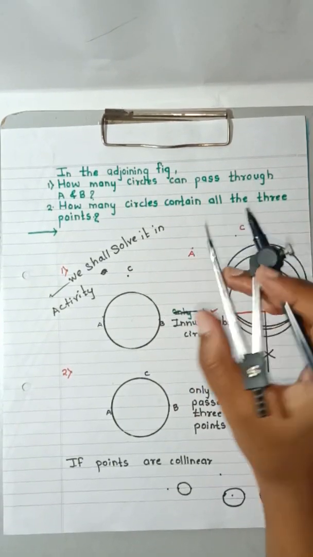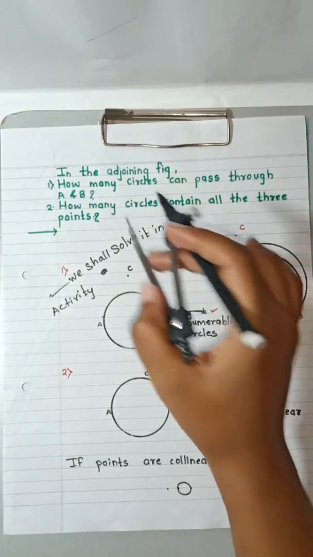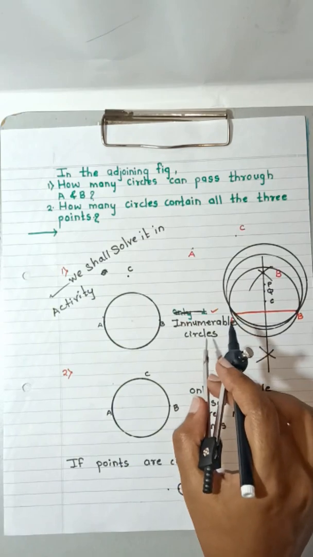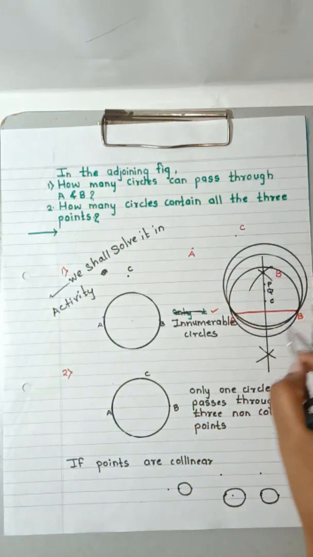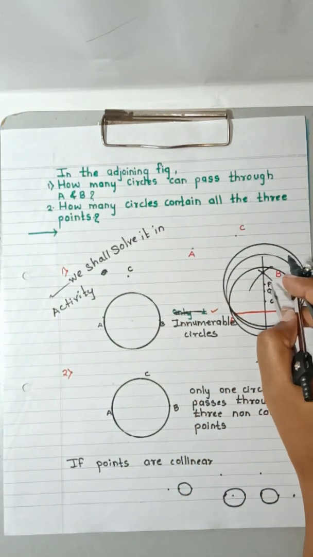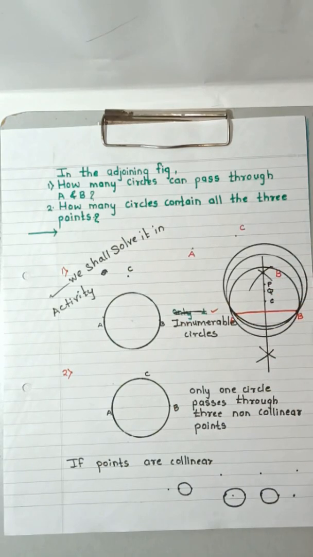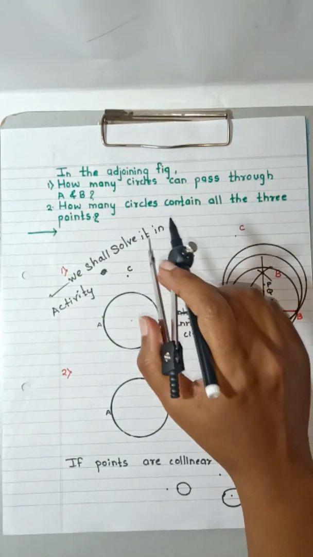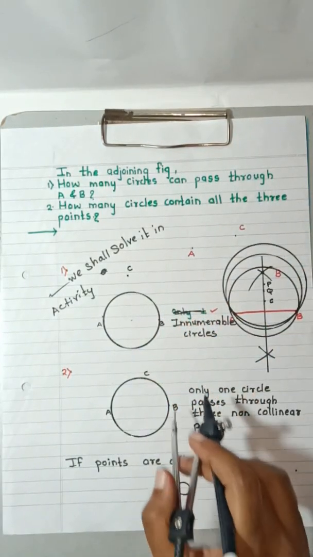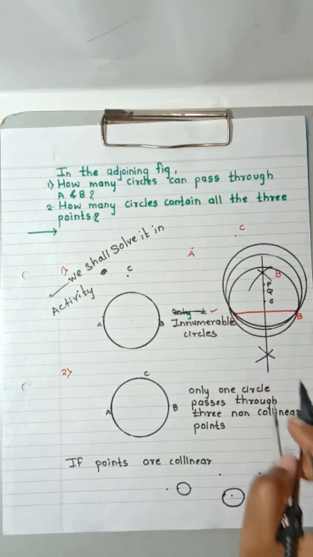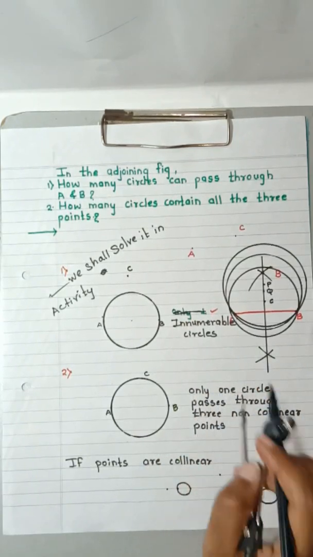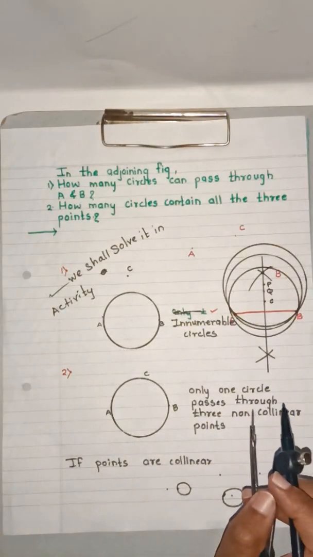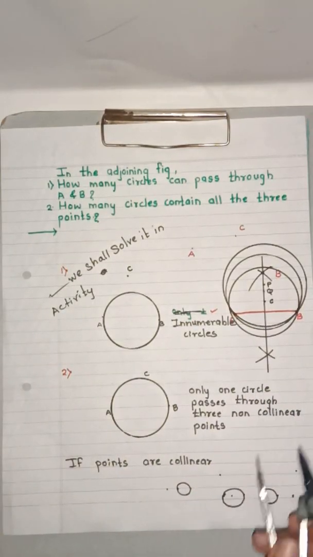So don't create any confusion. If they ask how many circles can pass through A and B, write down that innumerable circles pass through A and B, as I have explained here. We will solve it in the activity also, so your confusion for the first question will be cleared. For question number 2, we drew one circle passing through these non-collinear points. If the points are non-collinear, only one circle can pass through them.